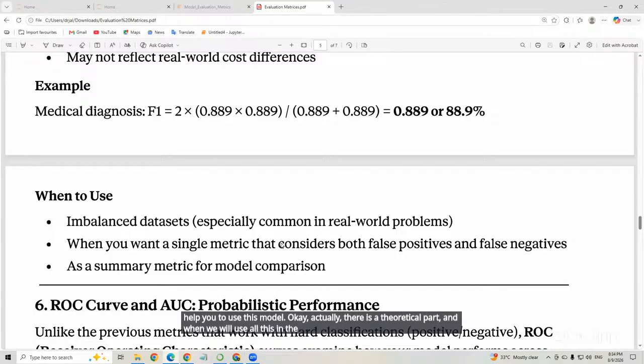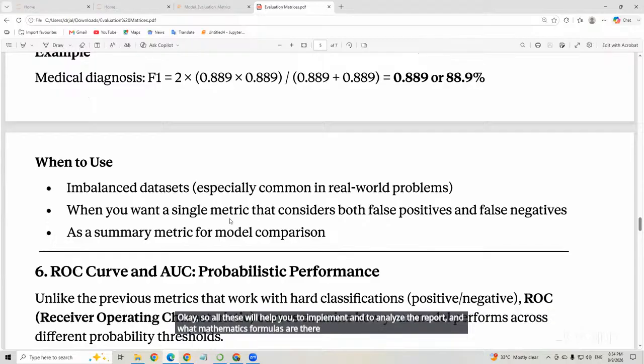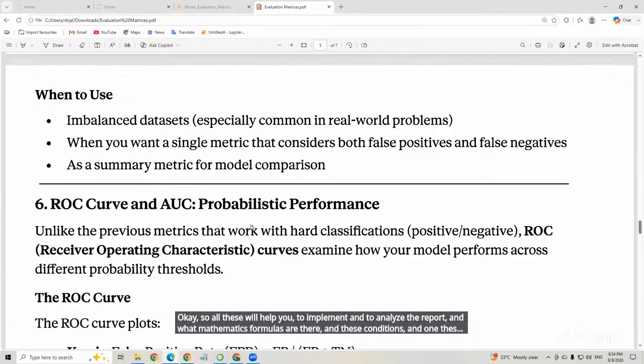Actually that is the theoretical part, and then we will use all this on a real data set. The concepts and different formulas we are going to discuss will help you implement and analyze the report, and understand what mathematical formulas there are and when they are required. Spend some time on the theoretical part.